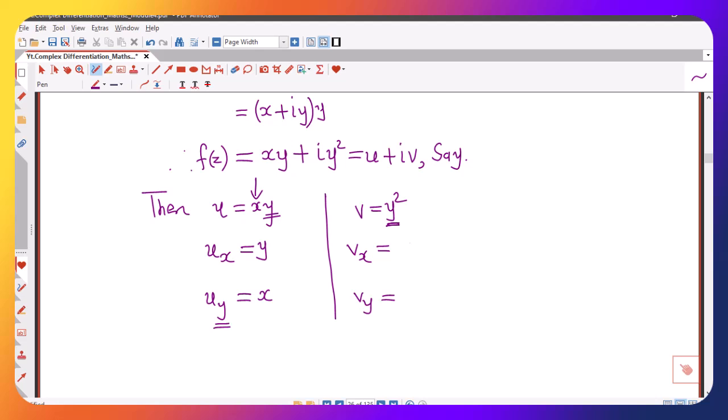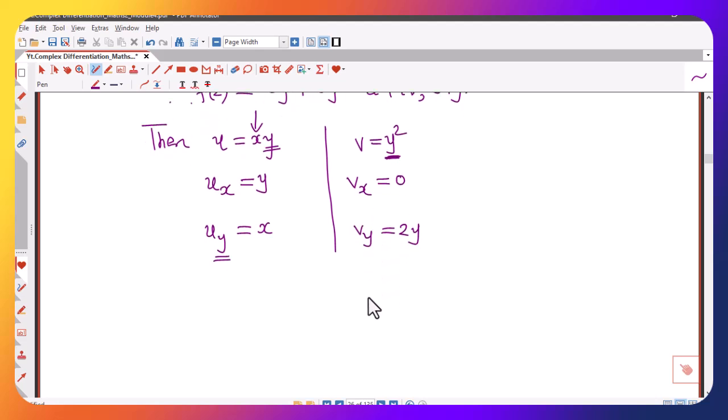Here there is no x in v, therefore when we differentiate with respect to x, y square is constant and the derivative of a constant is 0. And the derivative of v with respect to y is the derivative of y square with respect to y, which is 2y.